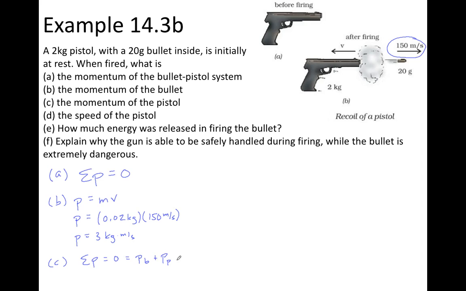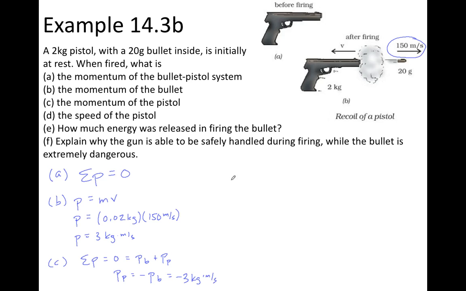For them to add up to zero, the momentum of the pistol would have to be equal and opposite to the momentum of the bullet. If they have equal and opposite momenta, they can both add up to zero. So the momentum of the bullet was positive 3. Therefore, the momentum of the pistol would be negative 3 kilogram meters per second.